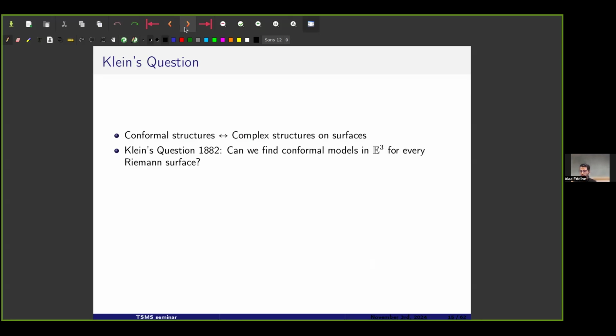So the idea would be: can we realize all Riemann surfaces as surfaces in R3, in the Euclidean space? Take a surface embedded in the Euclidean space and take the induced metric. The induced metric will define a complex structure.